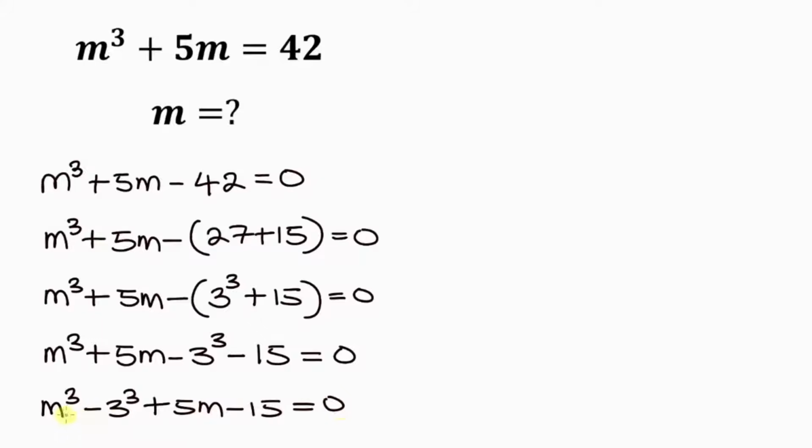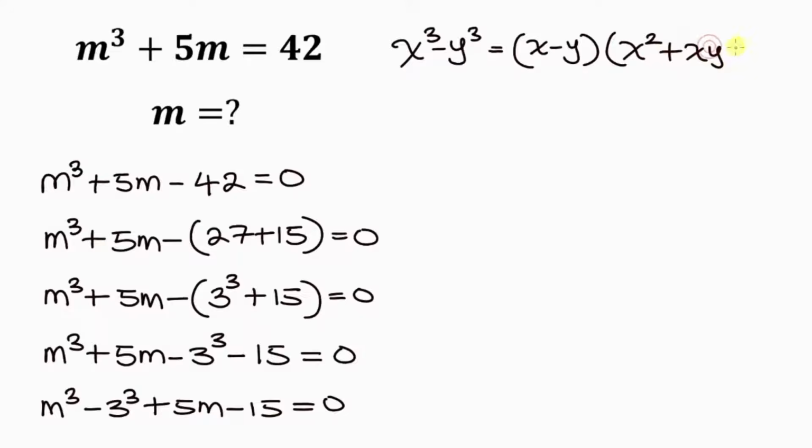Now notice that the first two terms we have difference of two cubes. Difference of two cubes has identity of, for example, when I have x cubed minus y cubed, this can be written as x minus y times x squared plus xy plus y squared.